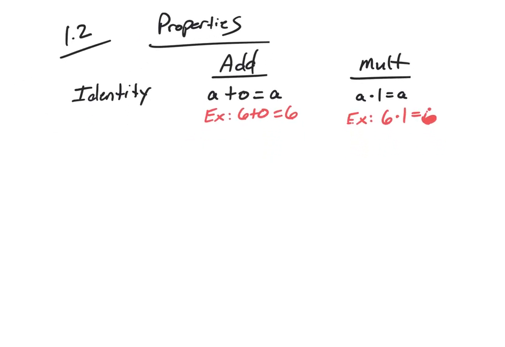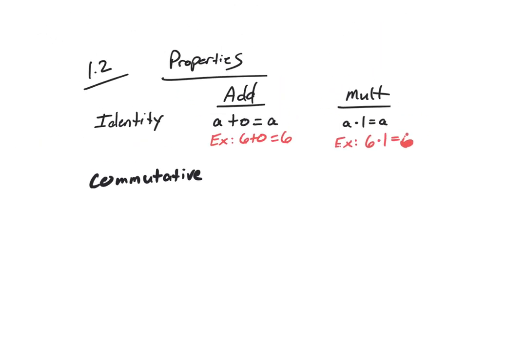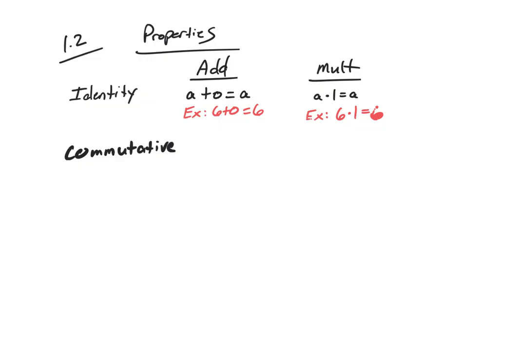Okay, the next one is the commutative property. The commutative property tells me that you have two numbers that are being added together.